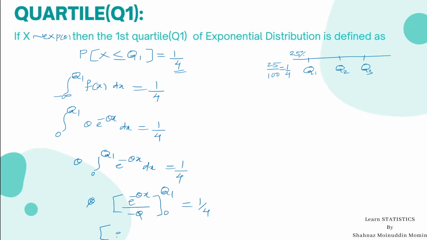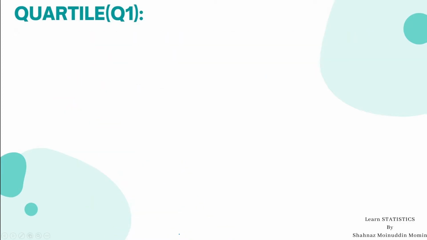Substitute the limits: e raised to minus theta Q1. First substitute the upper limit, then the lower limit. Minus e raised to 0 is equal to 1 upon 4. As e raised to 0 is 1, multiply the minus sign inside the bracket.